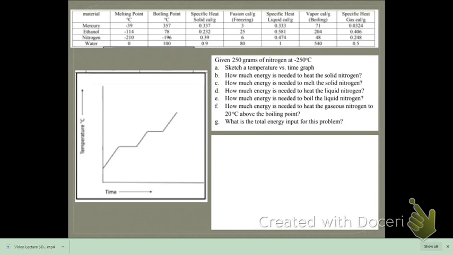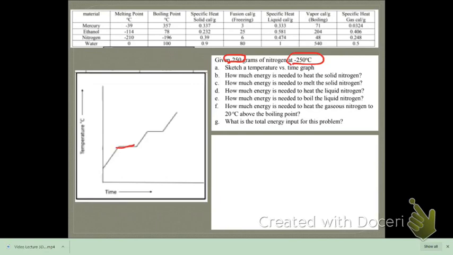Okay, so let's look at it. What am I given? I have 250 grams of nitrogen. So I know that that's what my mass is going to be. And I know it starts at a negative 250. Okay, well the first thing I'm going to do is I'm going to draw my sketch. Now I have the sketch drawn on here for you, but we're going to put the parts of it together. First thing I'm going to do is I'm going to place my melting point.